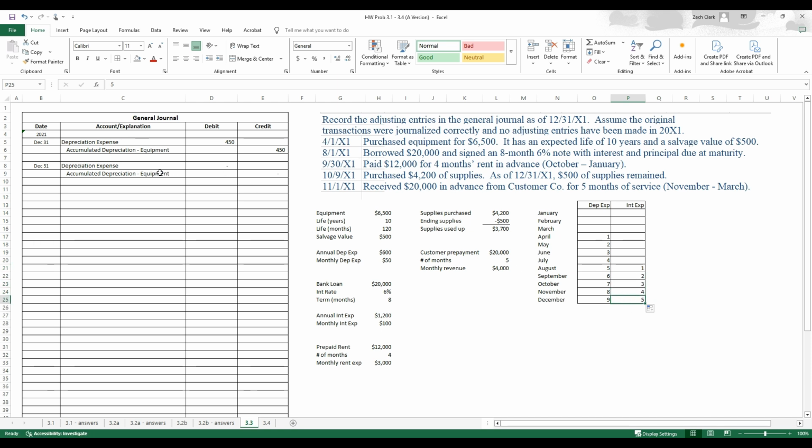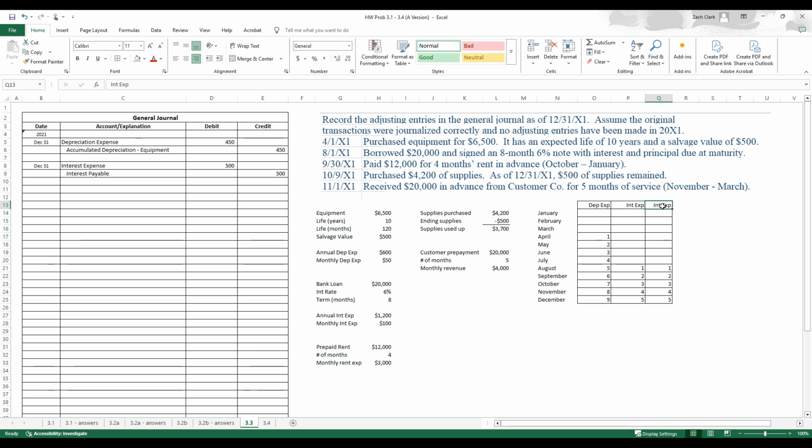We had 5 months of interest expense because we took it out on August 1st. So then we're going to say interest expense and interest payable because we owe this interest. We haven't paid it yet. But we're going to say the monthly interest expense we have down here of $100 times 5 months that the debt was outstanding essentially.